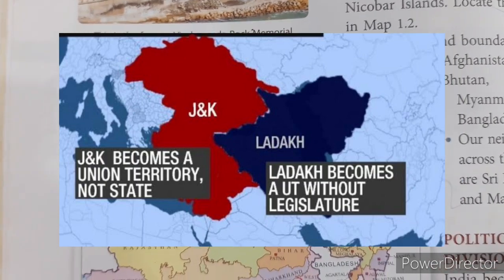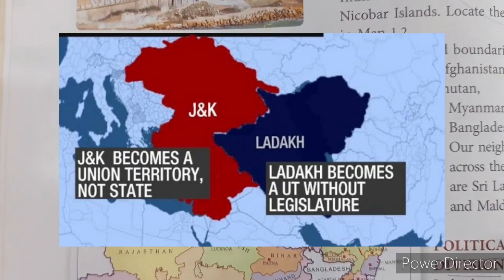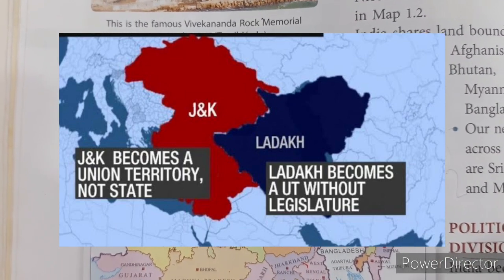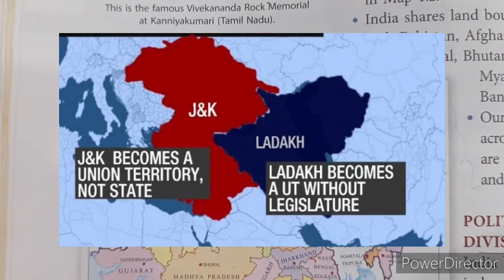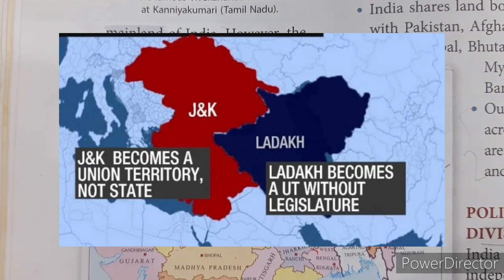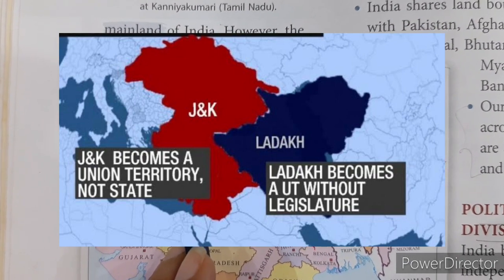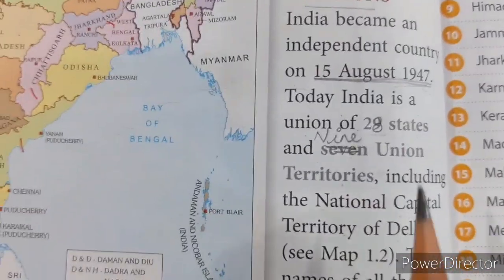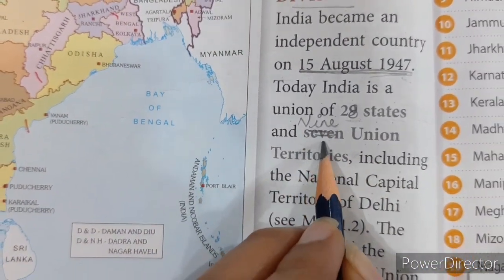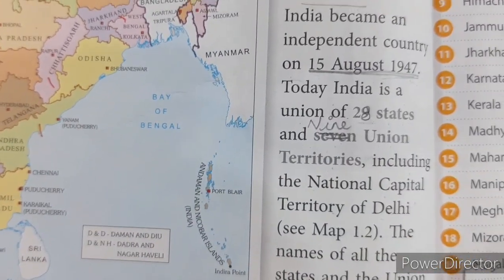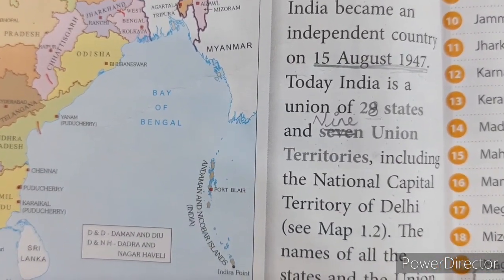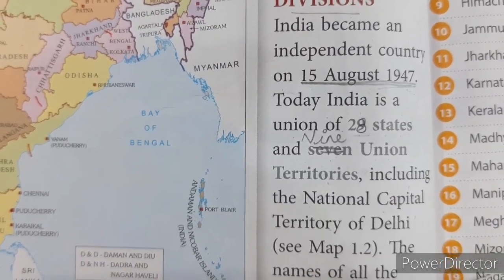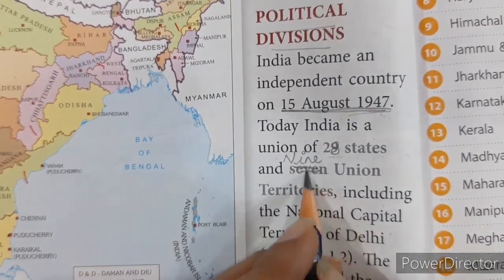The first part is Jammu and Kashmir, and the second part is Ladakh. So, the 2 union territories that have been added are Jammu Kashmir and Ladakh. That means previously we were having 7 union territories. Now we have added 2 union territories, Jammu and Kashmir and Ladakh. So total 9 union territories.